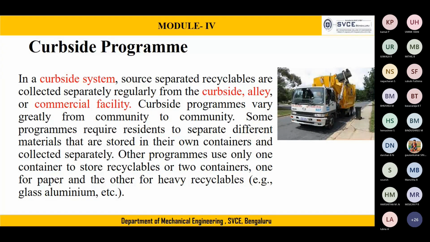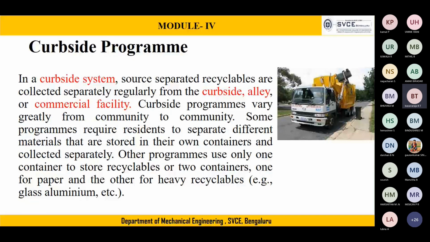If there is only one compartment, then the curbside program will not be as successful as the drop-off program. In the curbside program specifically, we are using more than two compartments for the different wastes.